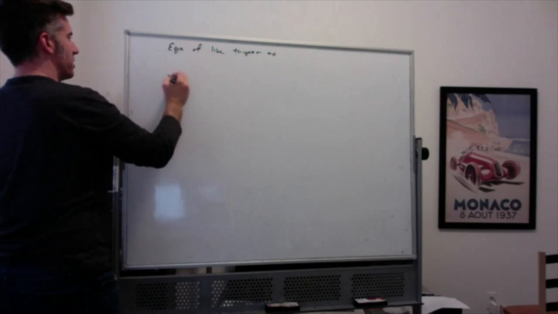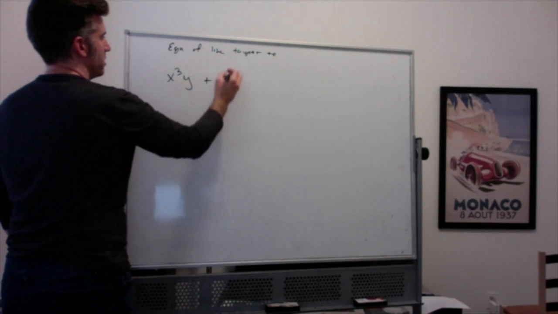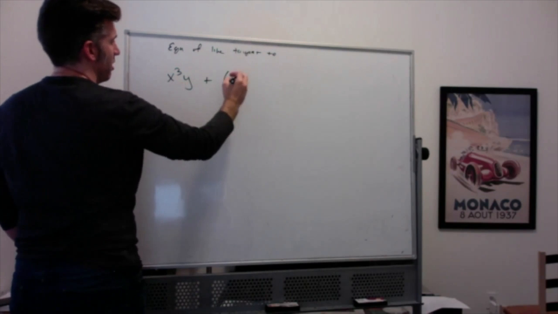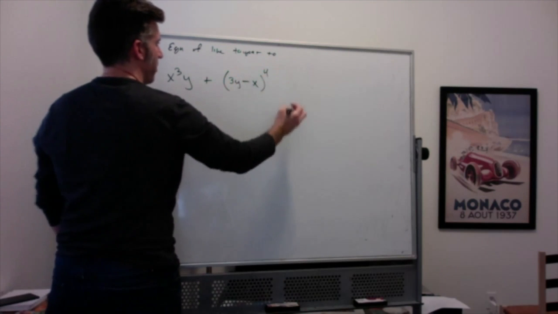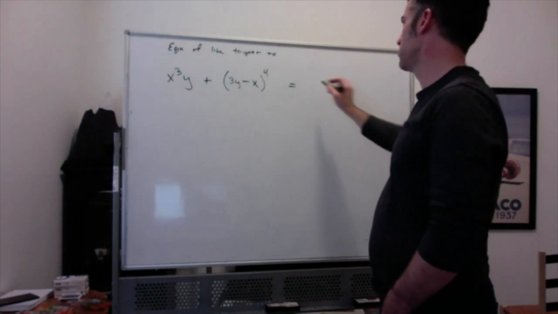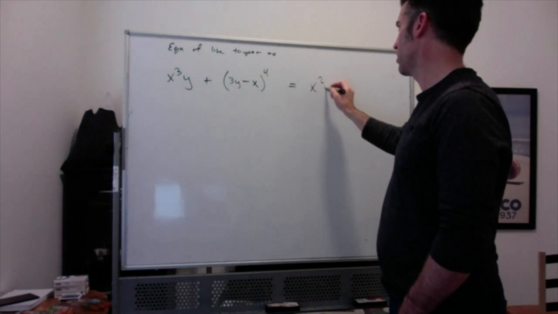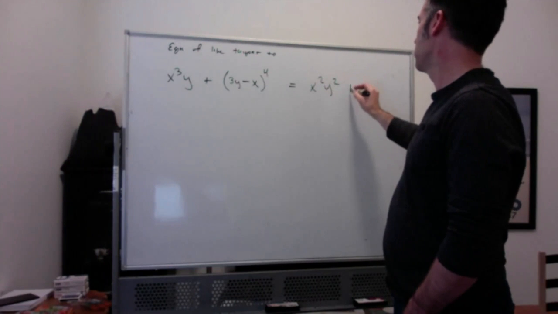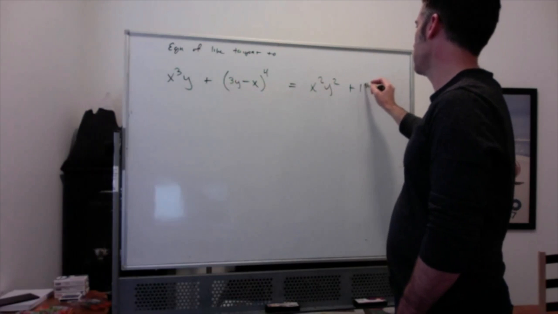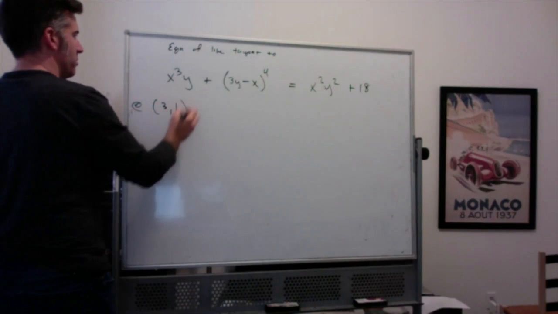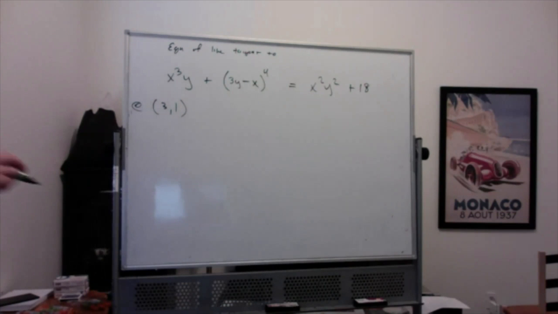Sure, let's go x cubed y plus 3y minus x to the fourth equal to x squared y squared plus 18, at the point 3, comma 1. Okay.